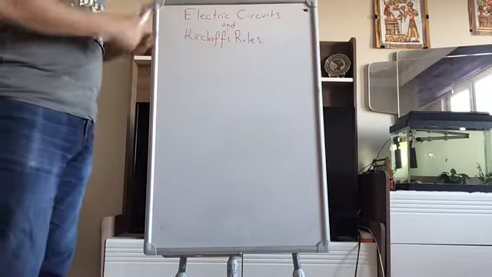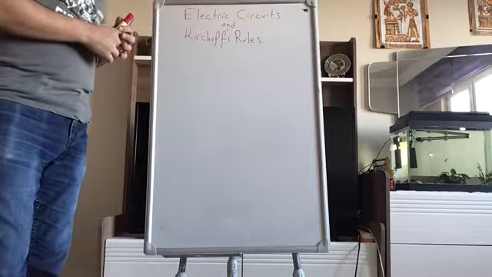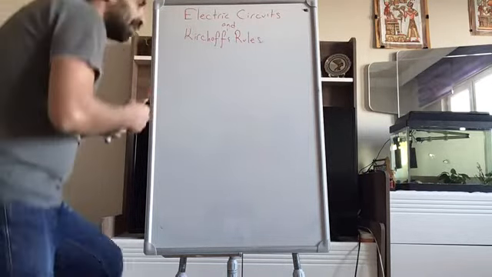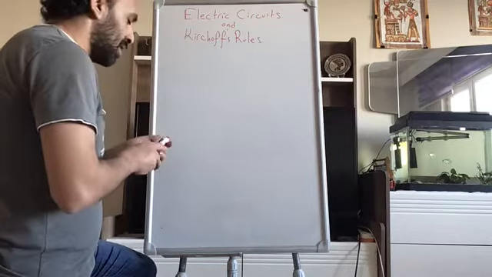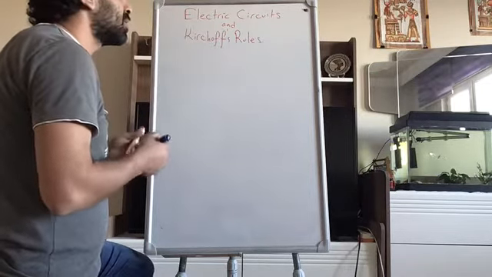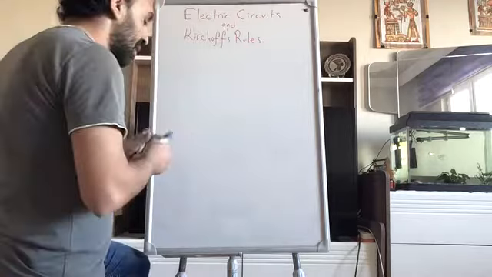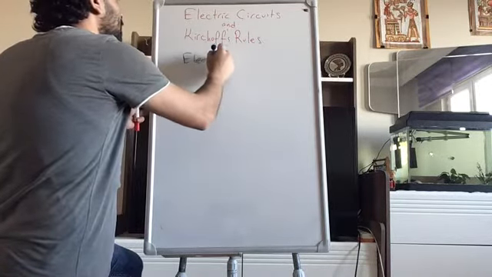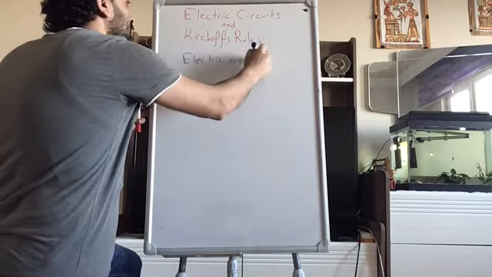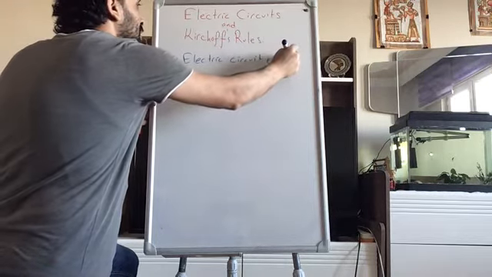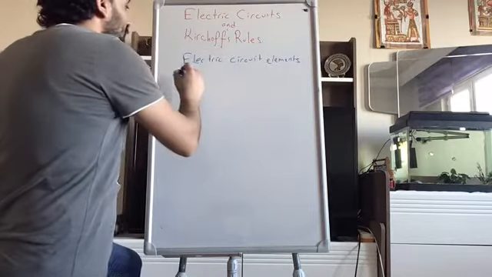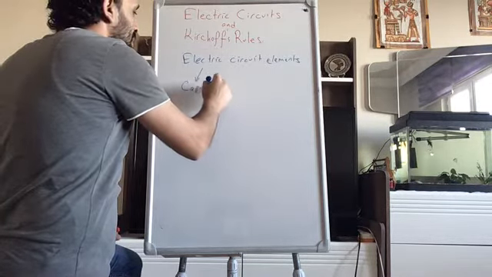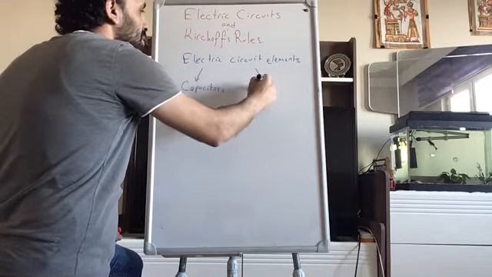So now after we introduced the electric circuits, we are going to classify the capacitors and the resistors as electric circuit elements. If I write the electric circuit elements, we mean the capacitors and resistors.